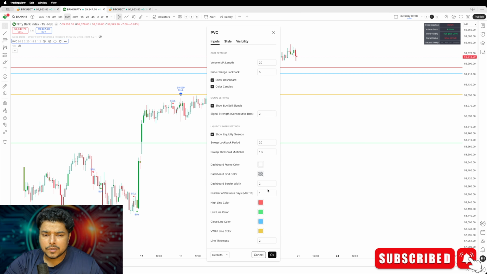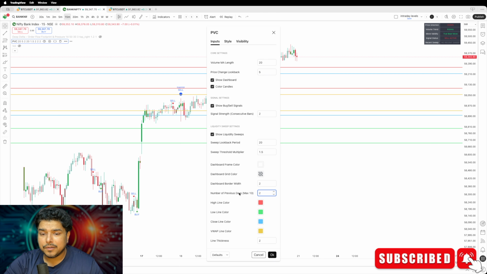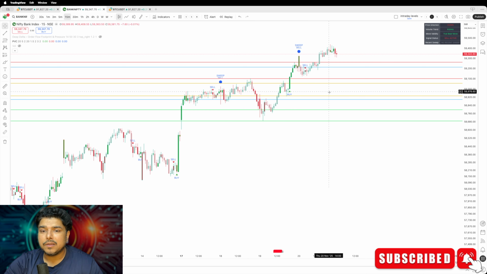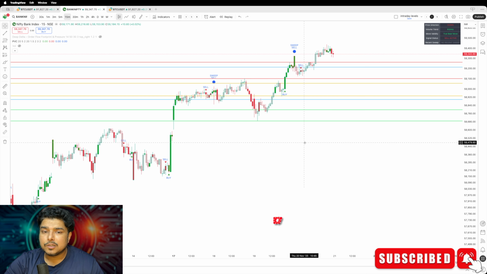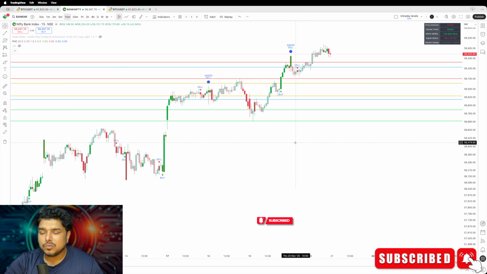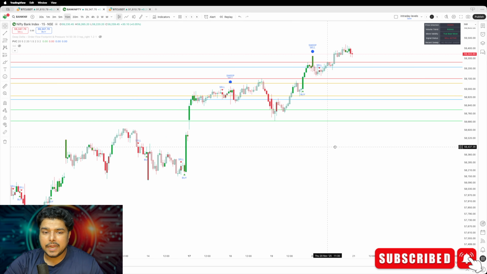For number of days, I have introduced a maximum of 10 days. You can use 2 or 3 days. Now look at the behavior. It makes your chart clutter free. It looks more neat and clean, and I try to keep my indicator clutter free as well.